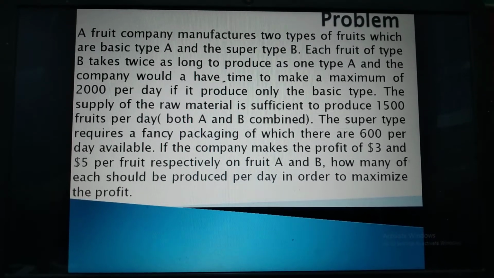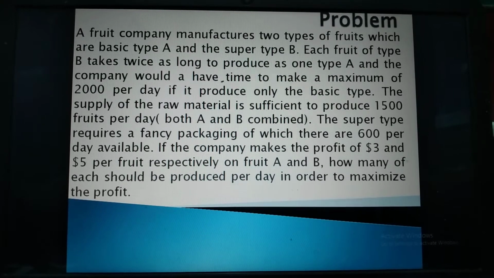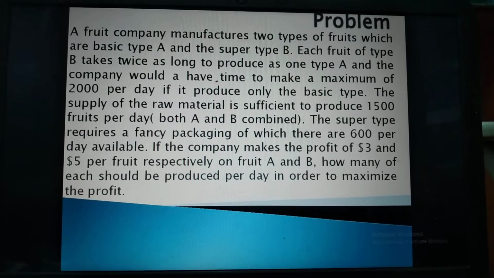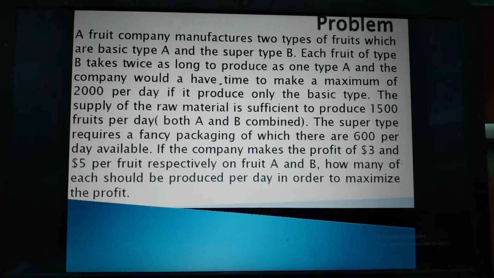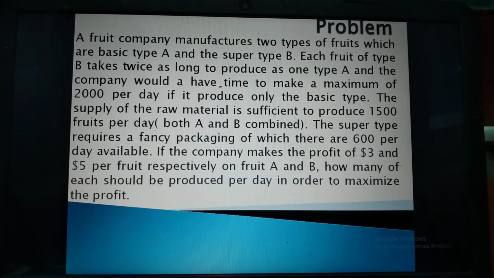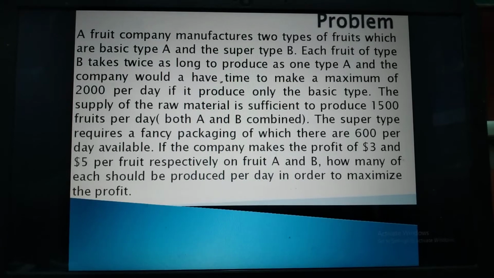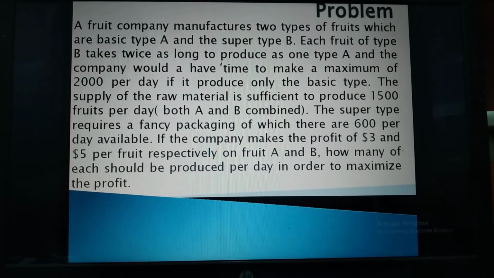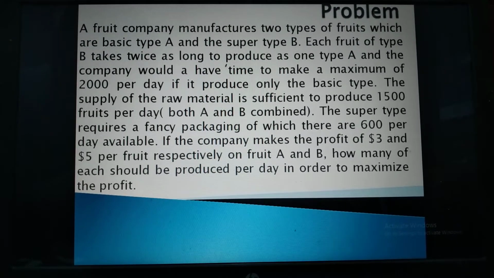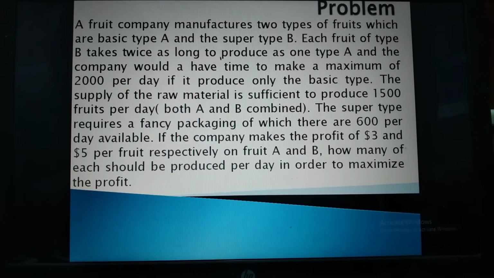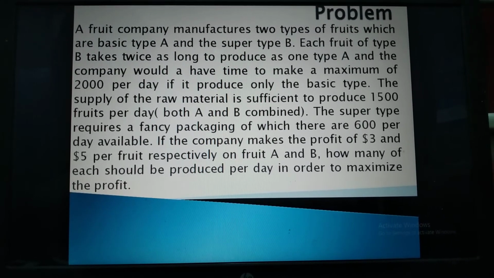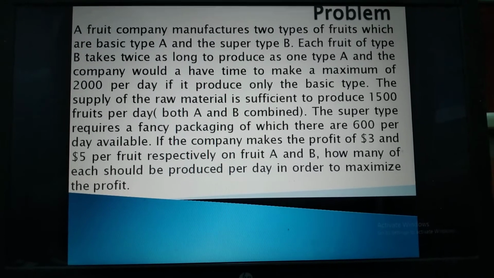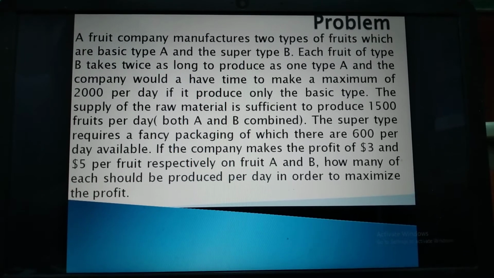If the company makes a profit of $3 and $5 per fruit, respectively, on fruit A and B, how many of each should be produced per day in order to maximize the profit? Now, that is the nature of a question that we expect to get as far as linear programming is concerned.